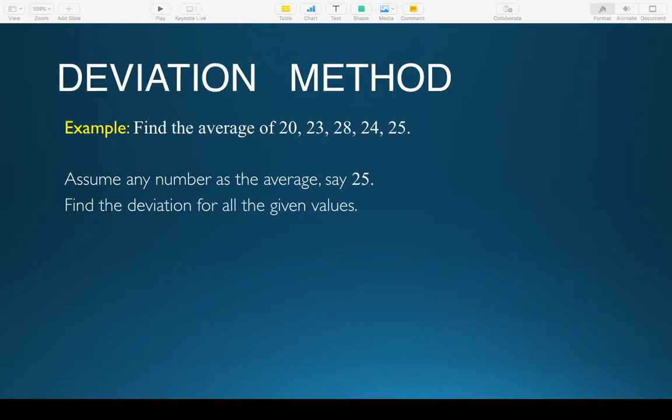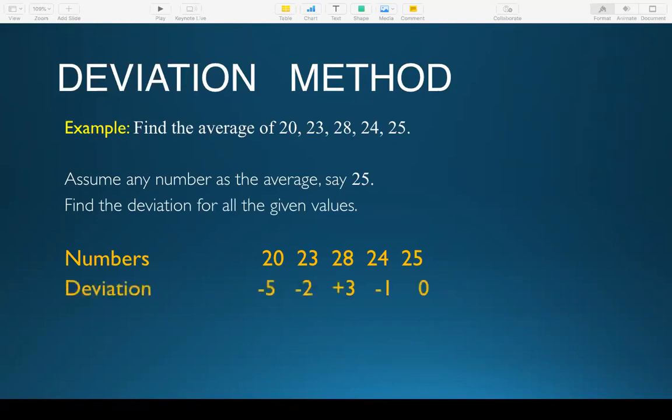Deviation is nothing but taking the difference of the numbers given in the question with the average that we have assumed. You don't have to worry, everything will be noted here. The given numbers were 20, 23, 28, 24, 25. So let's see what the deviations will be.